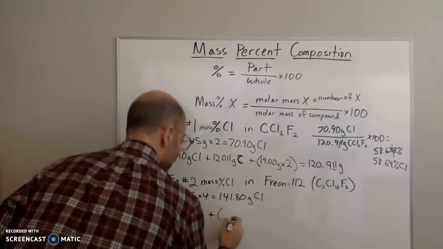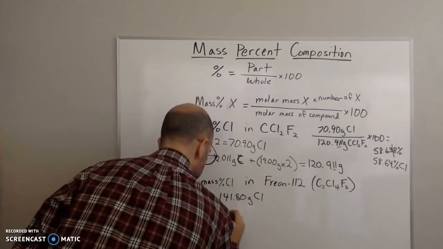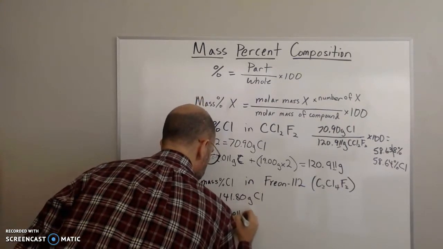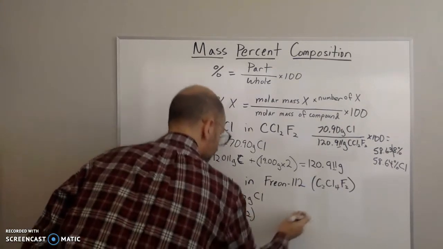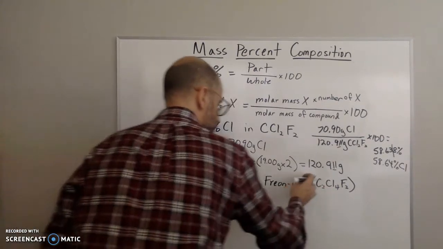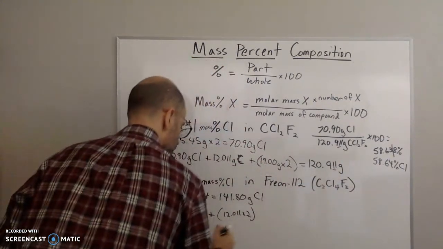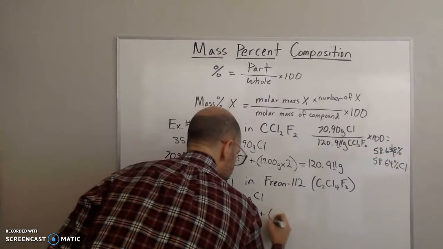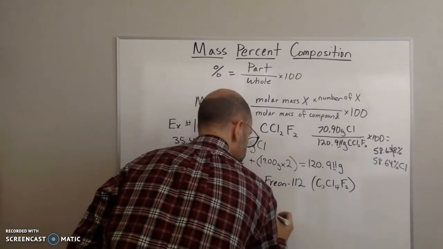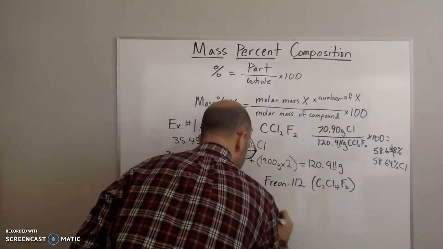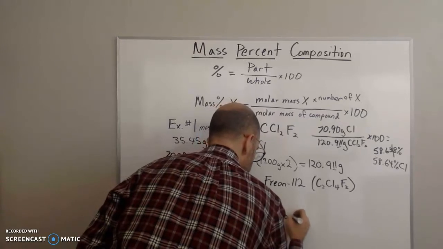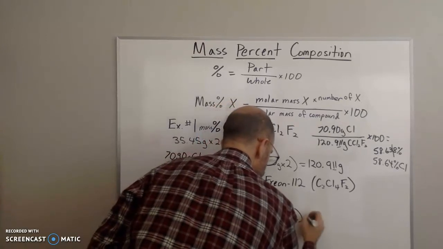Now I'm going to add to that the carbon, so I have 12.011 times 2, because I have 2 carbons for every 1 of these. And then I'm going to add to that fluorine again, so that's going to be 19.00 multiplied by 2.